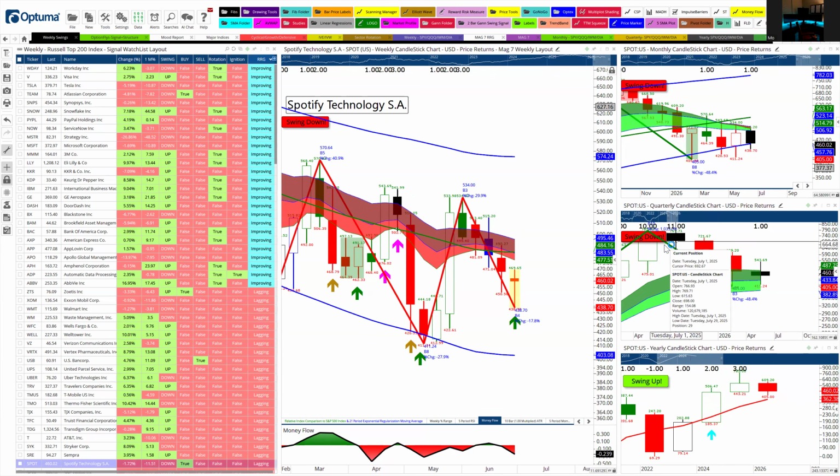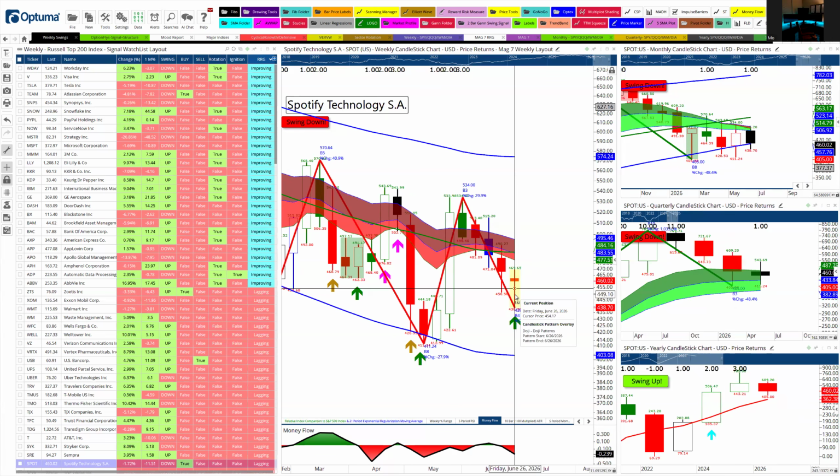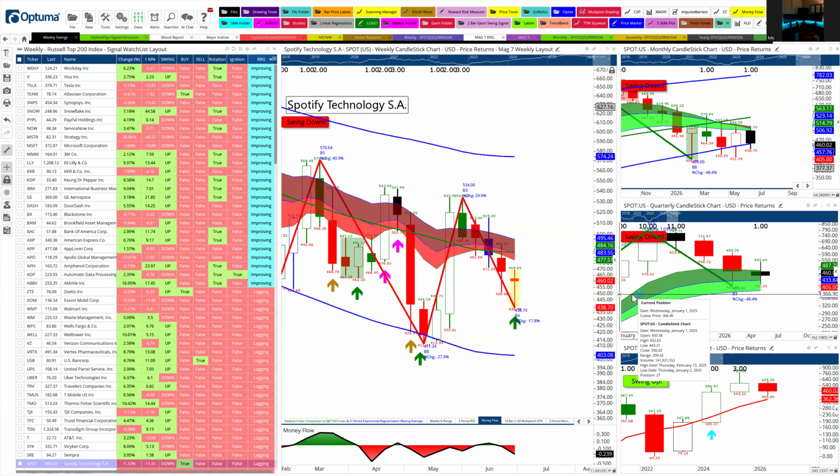If the rotation improves here, which we always watch on a weekly time frame, I know that all I'm trying to play is the potential bounce. That's it. I have zero desire to hold the stock.